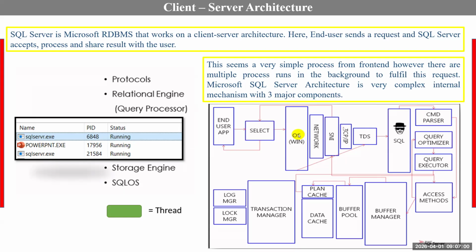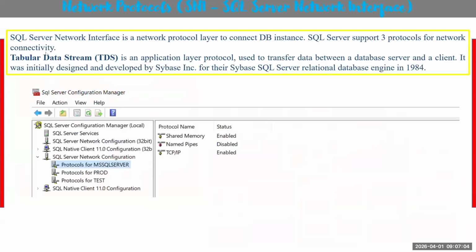Once connectivity is established, data is transferred only via TDS. TDS stands for Tabular Data Stream, an application layer protocol used to transfer data between the database engine and the client. It's like a kind of package, network packets.